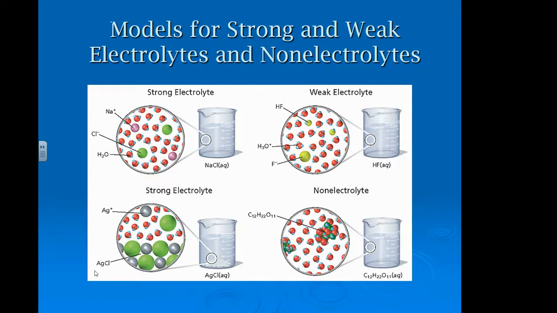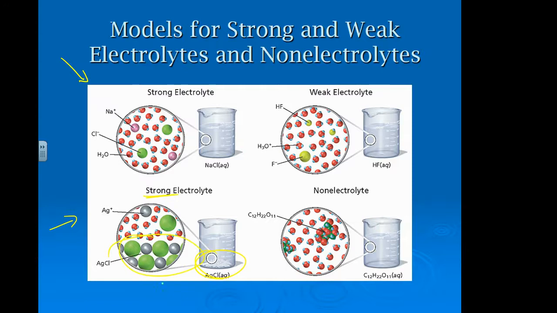So what do we look at when we look at strong electrolytes? We're looking at sodium chloride, for instance, or silver chloride. Notice the difference between sodium chloride up here versus silver chloride down here. A strong electrolyte does not necessarily completely dissolve, because there's still some undissolved material at the bottom.